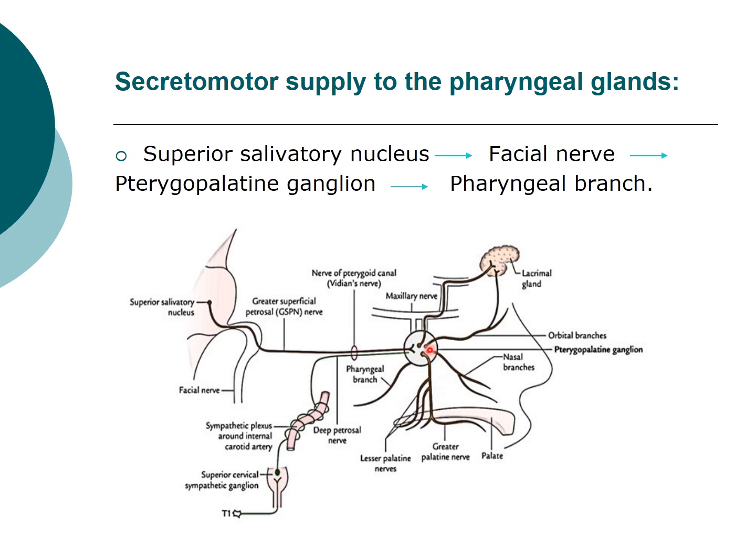This ganglion is not only for the pharyngeal glands; the postganglionic fibers also go to the lacrimal gland, the nasal glands, and the palatine glands. We have finished now the nerve supply of the pharynx, and we divided it into three parts: motor, sensory, and secretomotor.